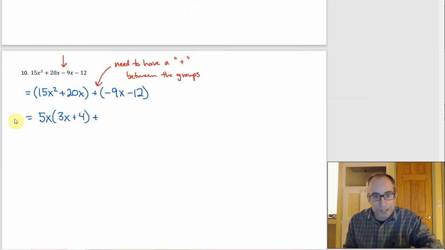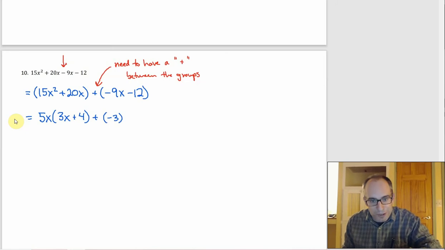Then plus, and here, remember, when you're factoring and your leading term has a negative coefficient, you should factor out a negative. So here we could factor out a negative 3, since 9 and 12 are both divisible by 3, but this leading term has a negative coefficient. Negative 3 times 3x would give you the negative 9x, and then negative 3 times 4 would give you the negative 12.